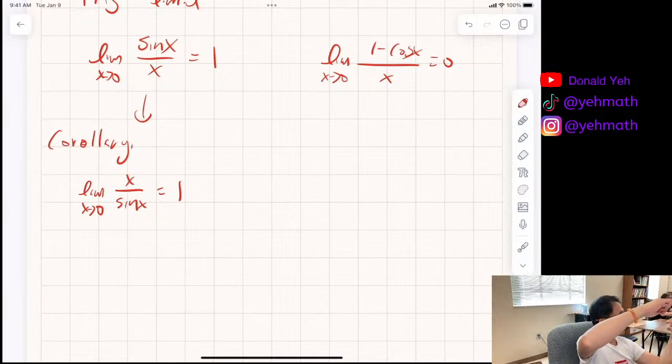If you flip 1 over 1, it's still 1 over 1, regardless of which way. So x over sine of x is also going to provide you 1, even though that's not one of the trig limits. If you know this, you should know about this. It's like a transitive property: if this is true, this must also be true.